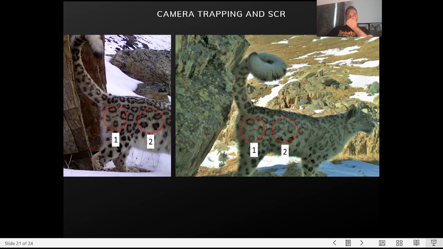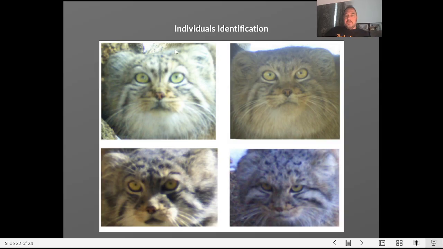So, as we know, for the Pallas cat we have a good way to identify the individual. In the Pallas cat, the best is the face spot, the forehead spot, but sometimes also the stripes, or some specific spot close to the mouth or to the eyes.